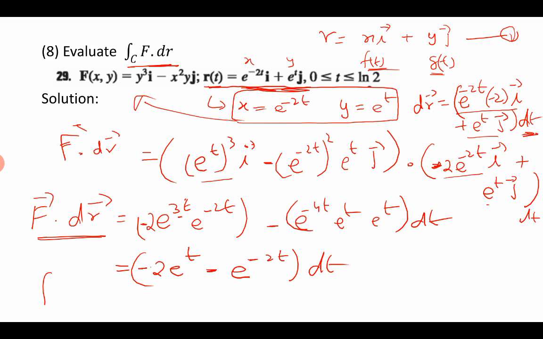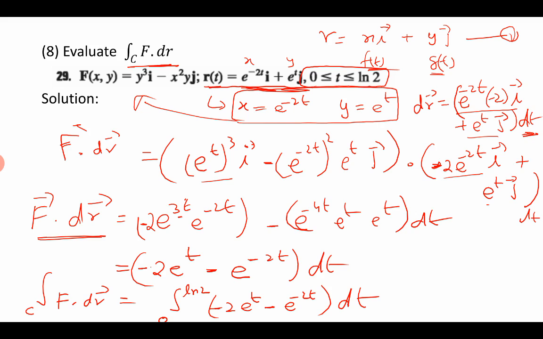Now integrate. Integral over c of F dot dr is equal to integral over c. What is the limit of t? T is 0 to ln2. Minus 2 e power t minus e power minus 2t dt. So in the next step we will integrate it.